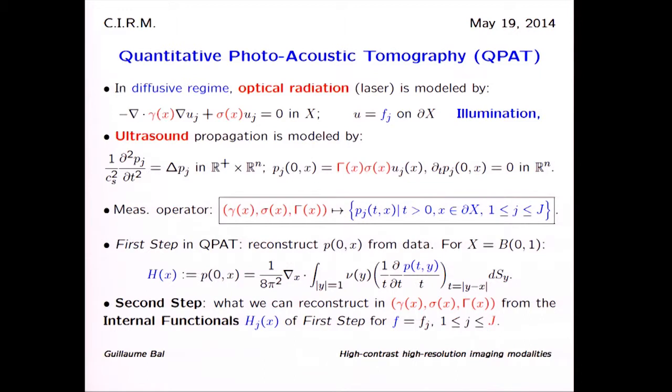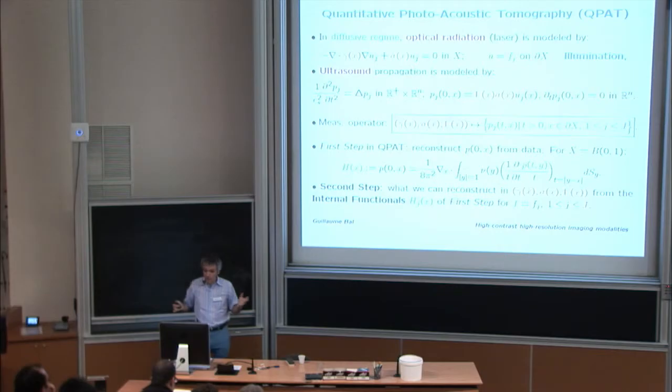Now, if you measure a wave signal at the boundary of the domain, the wave equation is time reversible. All you have to do is to take your signal, time reverse it, sending it back into the medium by standard time reversal, say. And the signal will back propagate to where it came from. So here is time reversal made explicit.